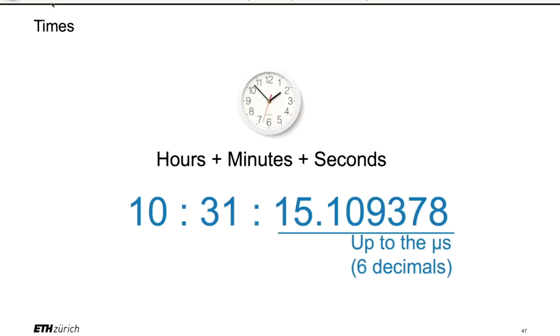Then we have times. The times are typically made of hours, minutes, and seconds. And in SQL and in the case of PostgreSQL, you are even allowed to go all the way to microseconds. So you can have up to 6 digits after the decimal period for the seconds, right? So here too, that's a very long history, because we have what's called the sexagesimal system, because we have 60 seconds in a minute, 60 minutes in an hour, and 24 hours in a day.